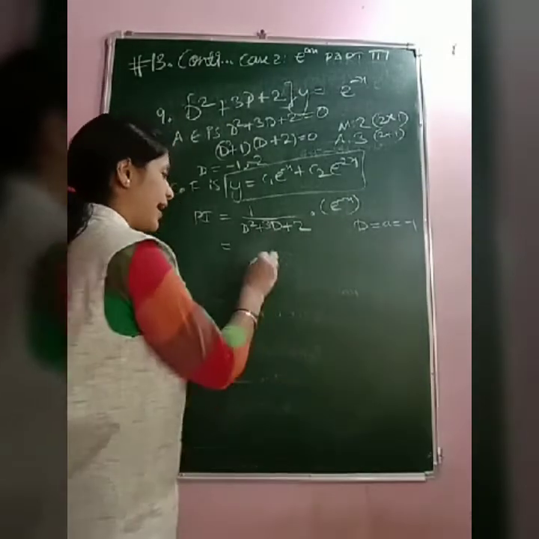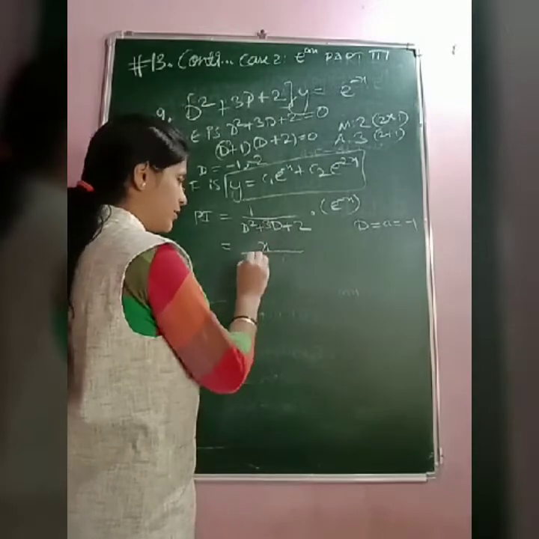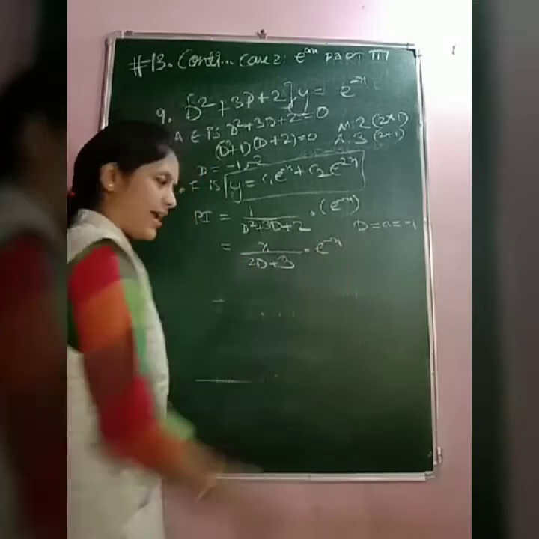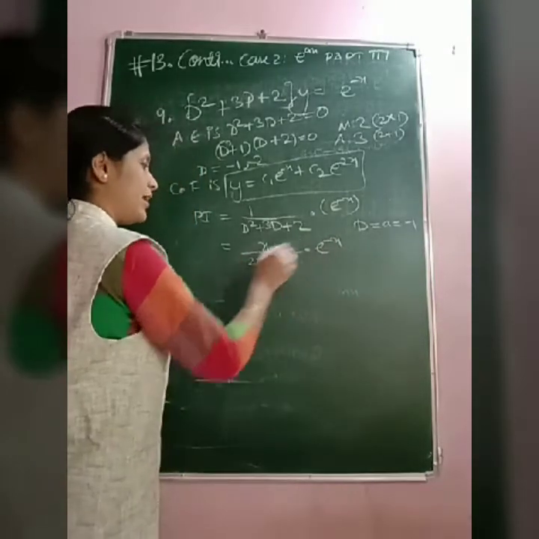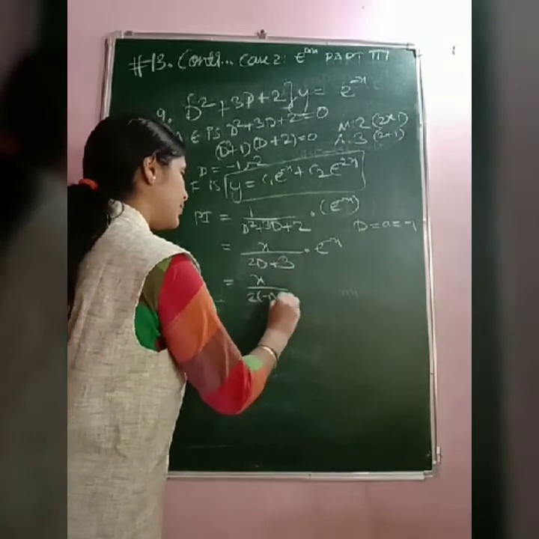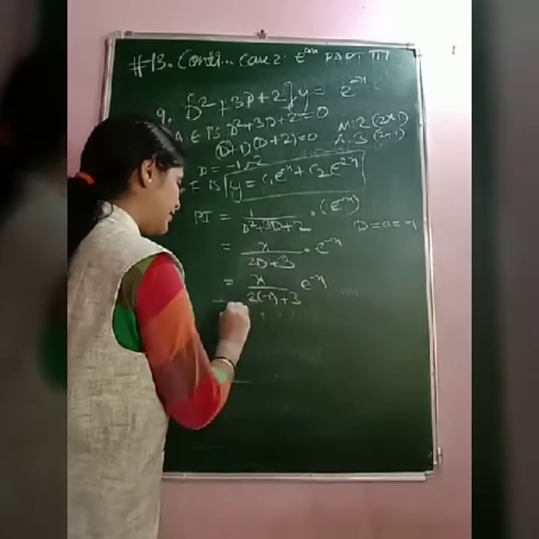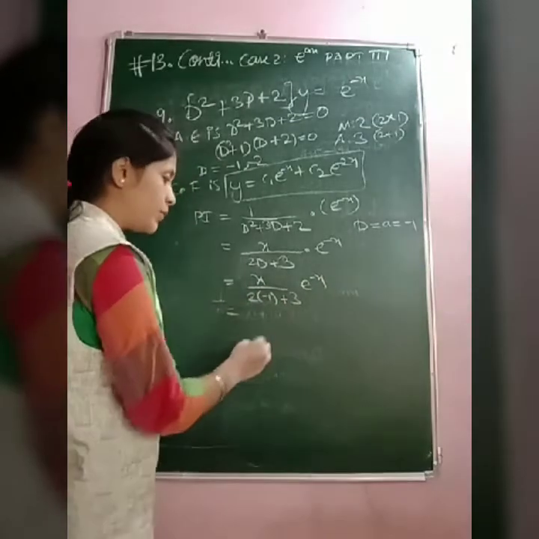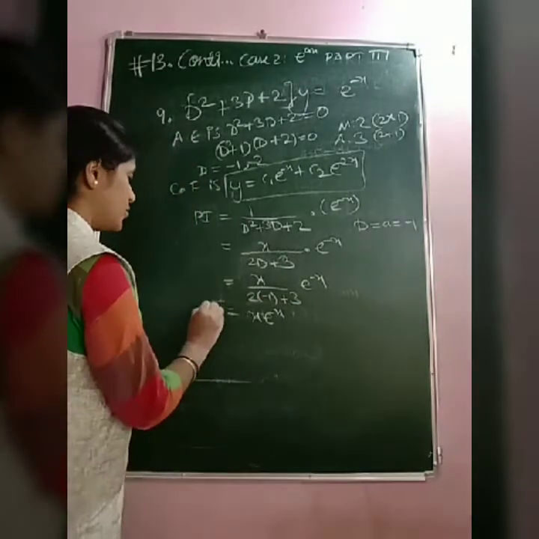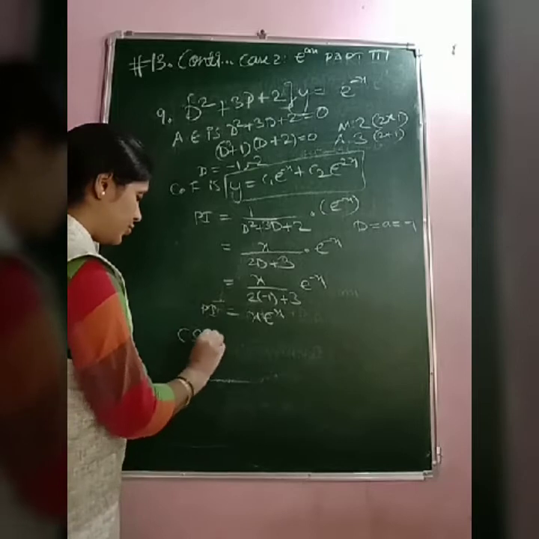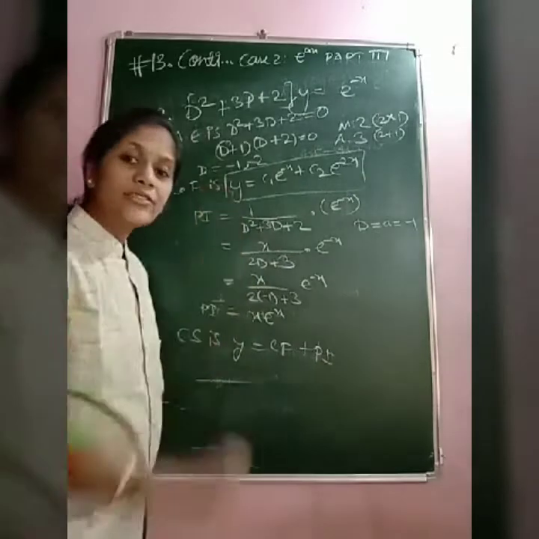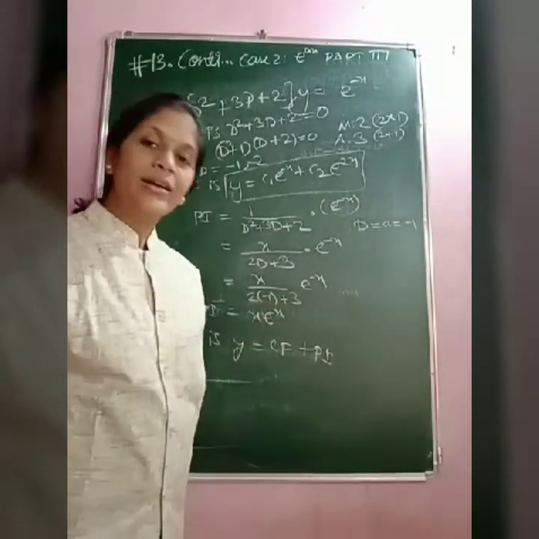Multiply the numerator with x, differentiate the denominator: 2D + 3, e^(−x), right? So what is the value of D here? −1. So x by (2 into −1 + 3) e^(−x). That gives us x/(−2 + 3) e^(−x), that is x e^(−x), right? So PI is this. The complete solution is y equals CF plus PI. So CF we have found, PI is nothing but this.